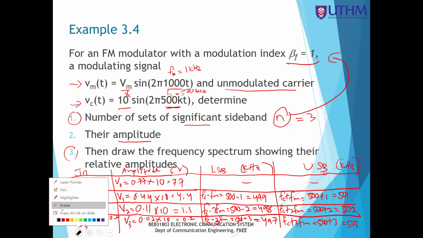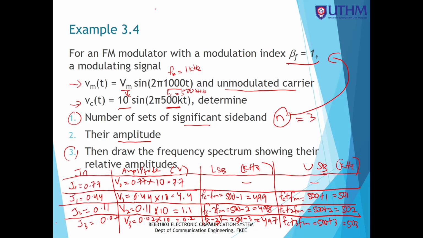When you want to draw, again, as I told you before, don't use a ruler. It is F versus, now we need to know the question. The question said to draw the relative amplitude.